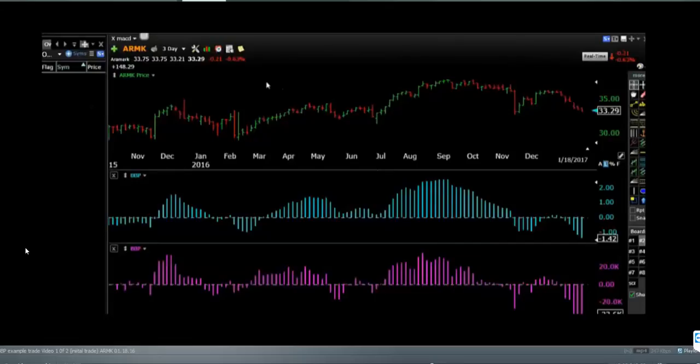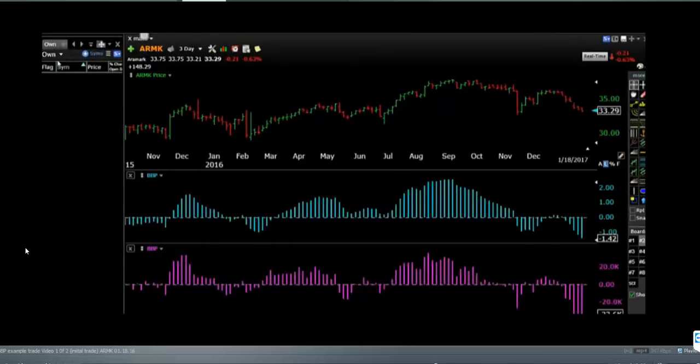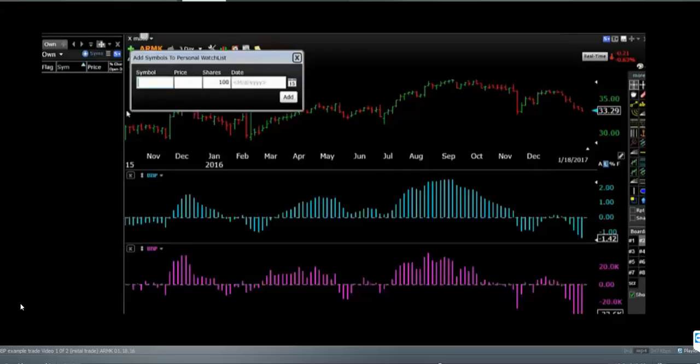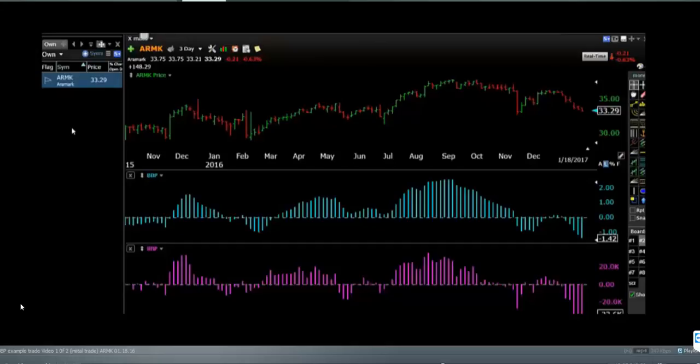So what I did, I moved the platform over a little bit to the right so you can see this is actually a stock candidate list that I call own. It's not a candidate list, but a list of stocks I own. So I want to add ARMK to this list since I now own it.